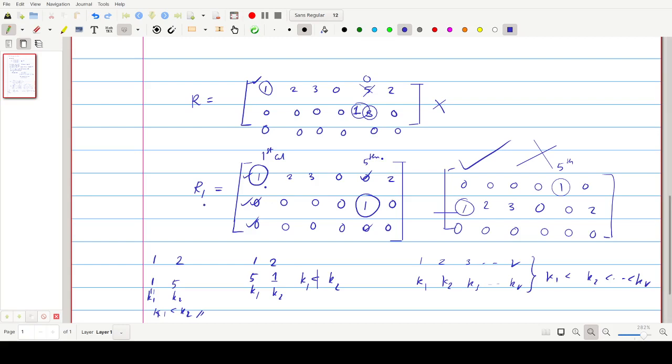That means the row rank of R1 is the number of non-zero rows in this collection. So in this case we can easily say that if this is in row reduced echelon form, then the row rank of R1 is the number of non-zero rows. These two are non-zero rows, so the rank is 2.